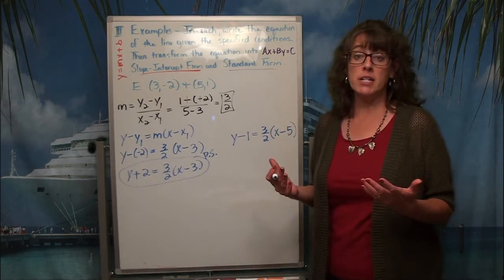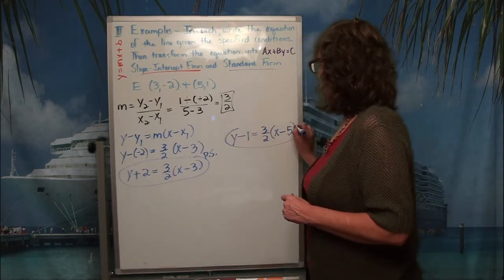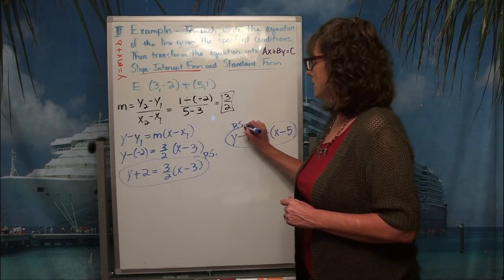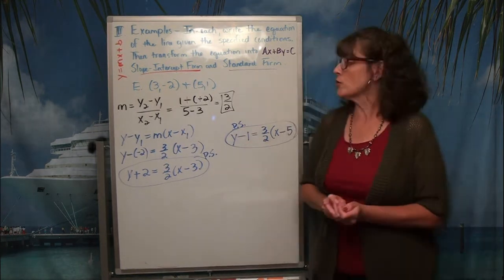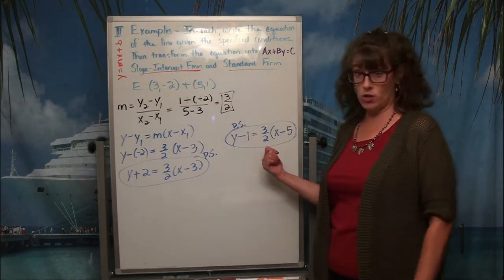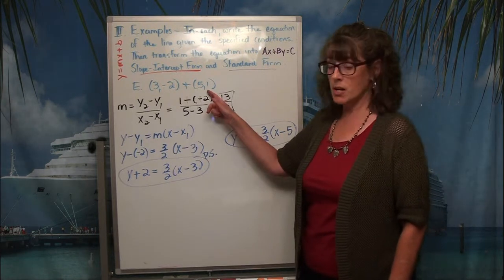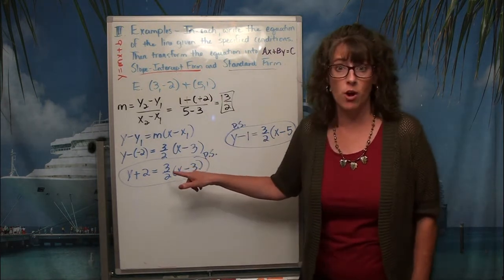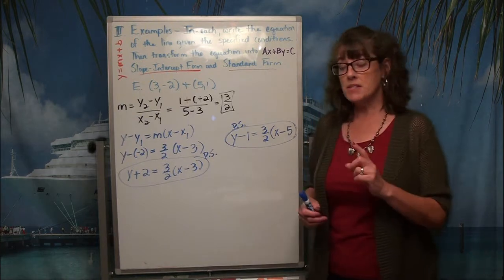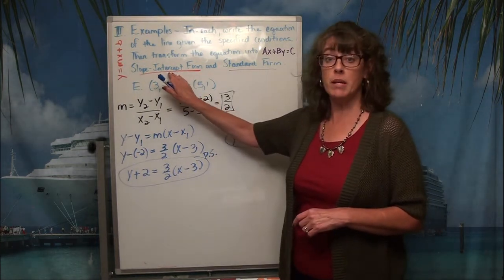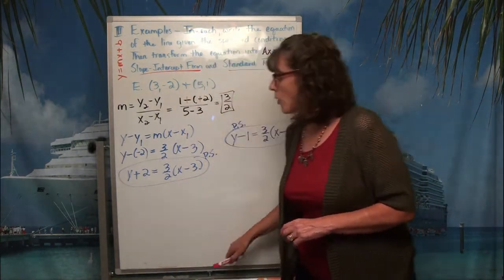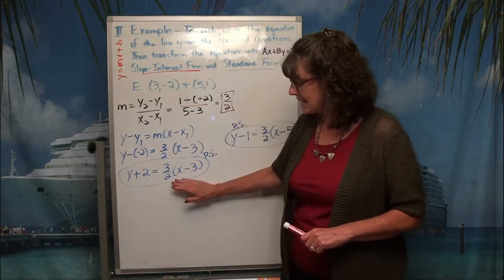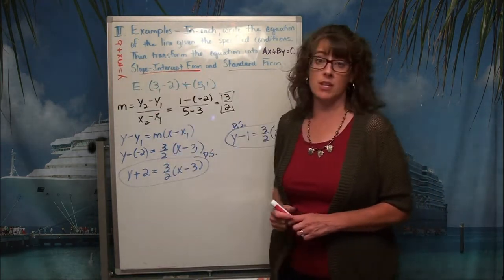No, there's no subtracting a negative or anything like that. So if I use the second point, here's point slope. And like I said before, those of you who use the first point, you're going to look at this and you're going to go, you guys are wrong. And you who use the second point, you're going to look at this one, you're going to go, you guys are wrong. There's going to be a big fight. This is the beauty, like I said, of transforming it into that slope intercept. So I need to get the y by itself and get rid of that parentheses, because there's no parentheses in here.